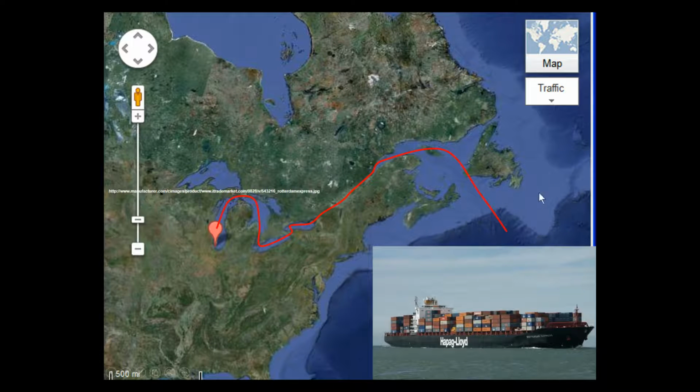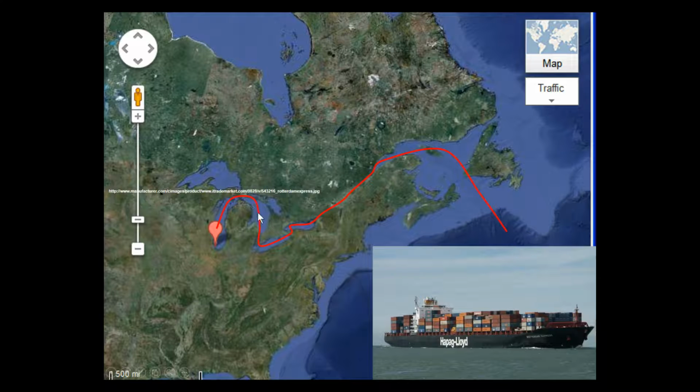If that ship goes from salt water, which is more dense, into fresh water, which is less dense, and it stays the same load, it has to displace the same weight of water here versus here.